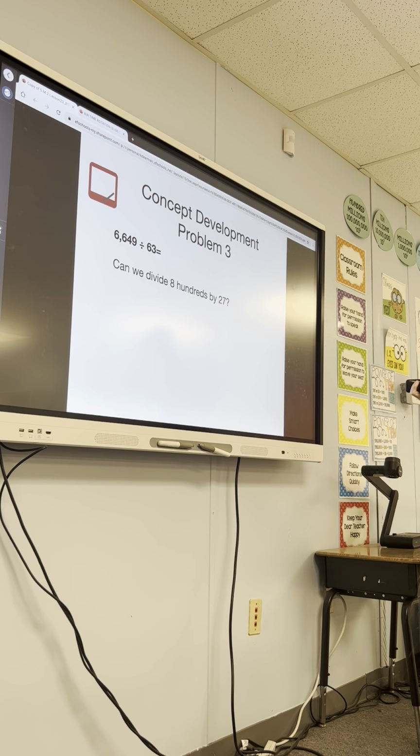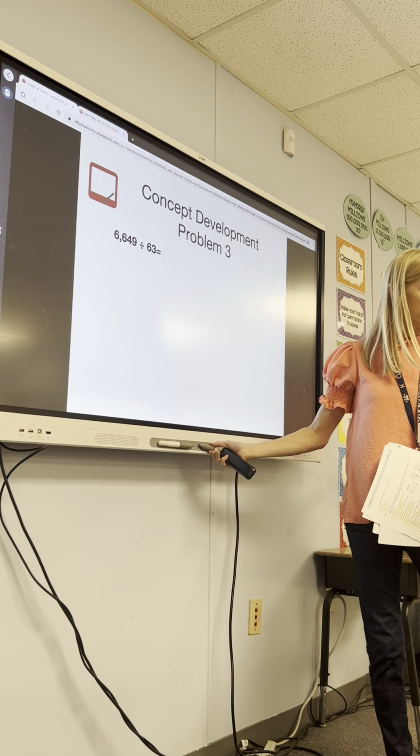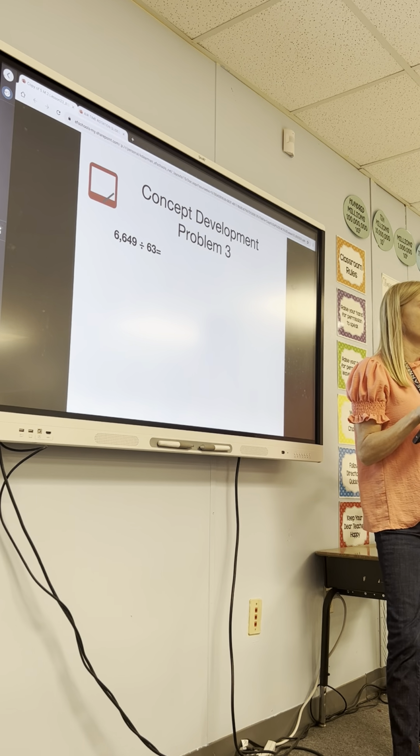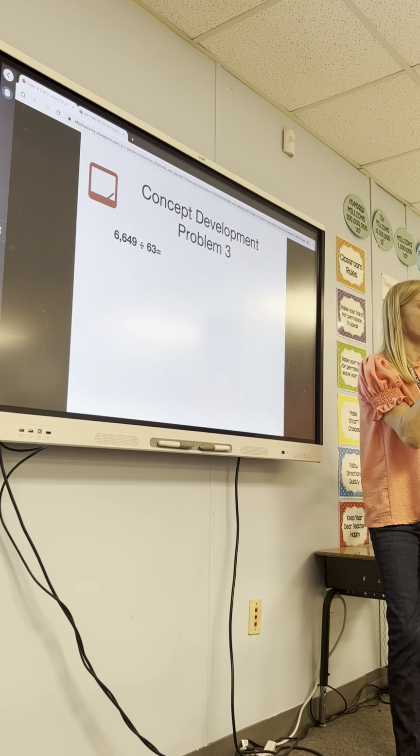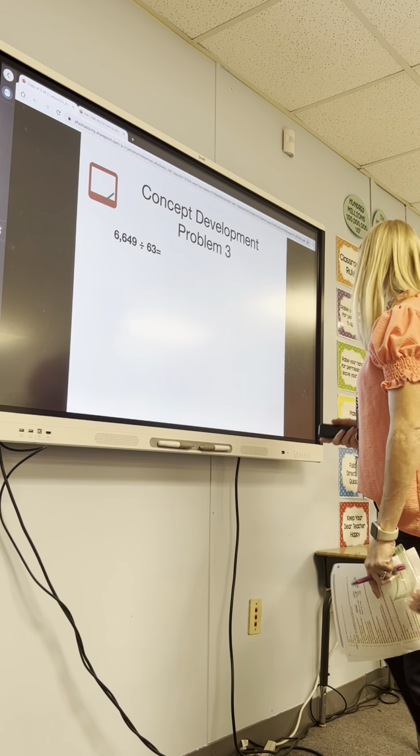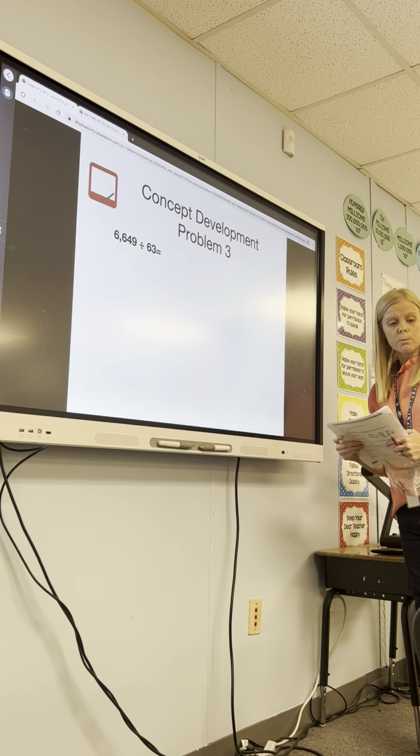So if there's a problem like that, you just go over to the next place every time. So show me, 52 can't go into 42 right here. Yes, that's exactly right. So he was just asking me if every time 52 can't go into 42, you would move over to the next place value, and the answer is yes. If it can't go into that place value, you move to the next one.